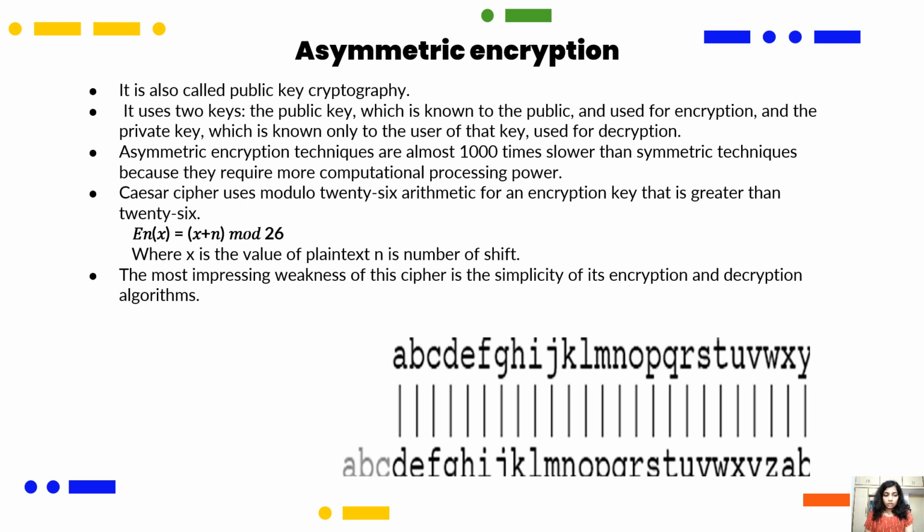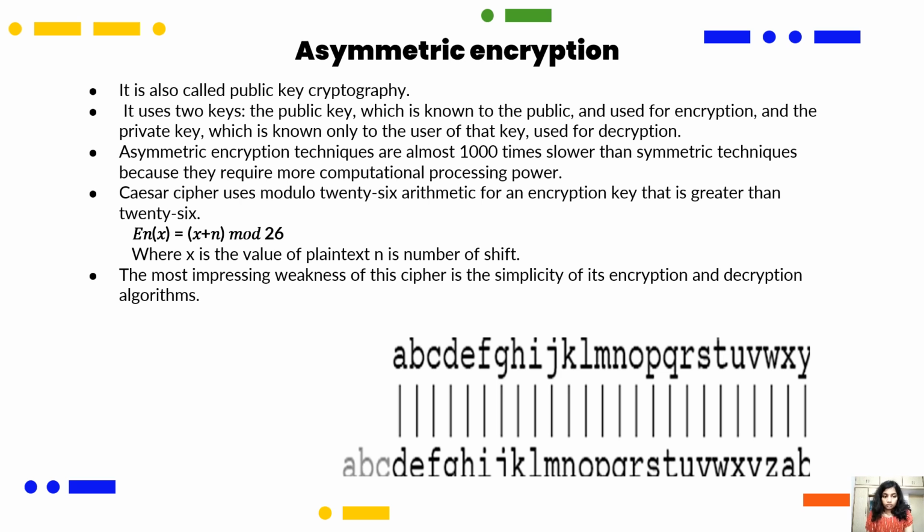processing power. So the Kaiser cipher uses modulo 26 arithmetic for an encryption key that is greater than 26. This means that for encryption purposes, it is considering all the alphabets, that's 26 alphabets. You can see the formula here.